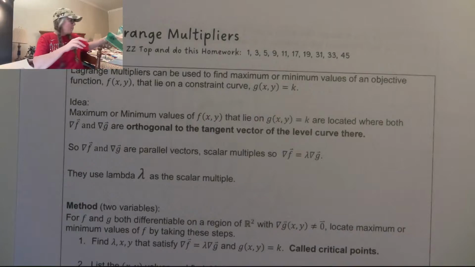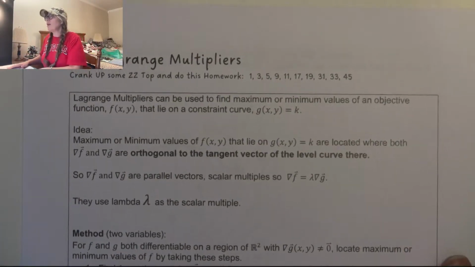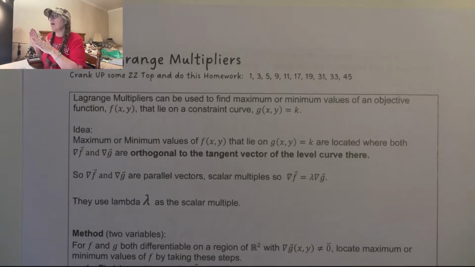So we're here on our paper view, looking at our paper for our Lagrange multipliers. The objective of them is to find the maximum and minimum values of an objective function that lie on a constraint curve.